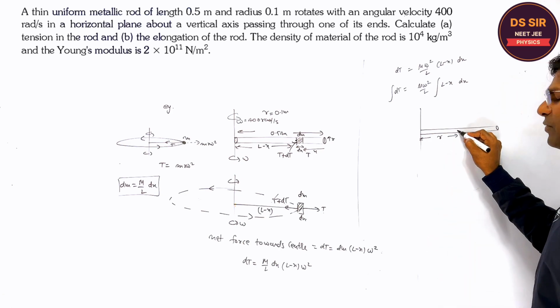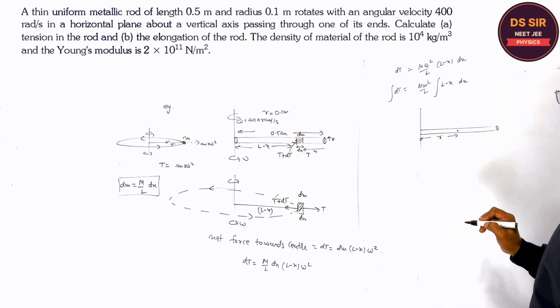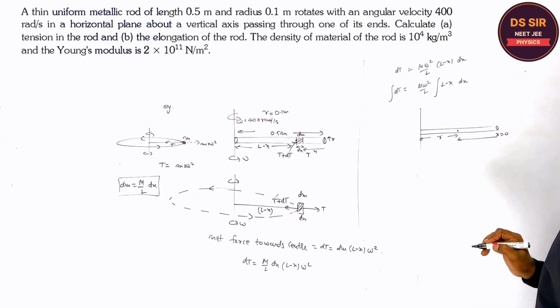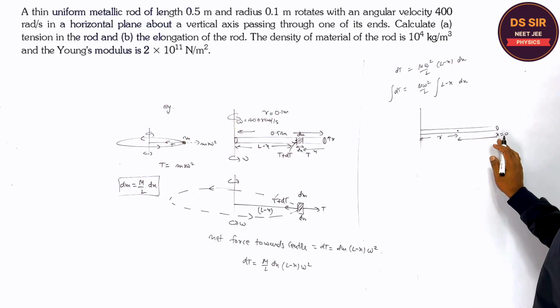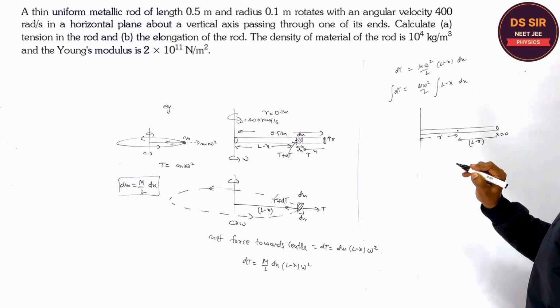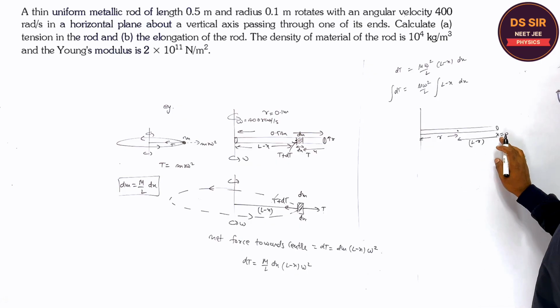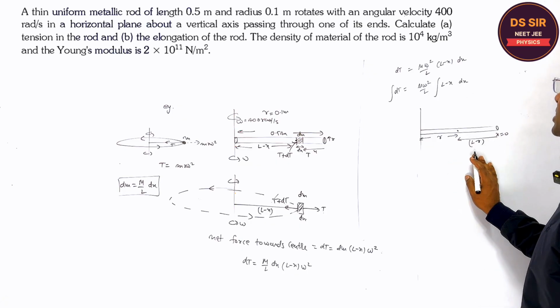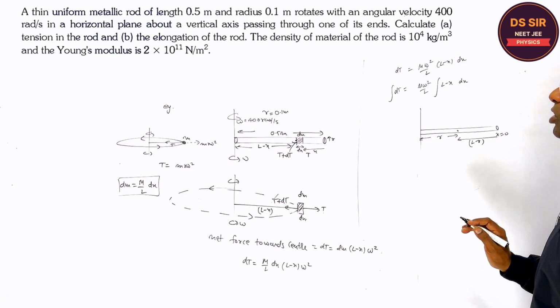At this point, x is equal to 0, and this distance is nothing but L minus r. So x goes from 0 to a distance of L minus r. Is it clear or not?